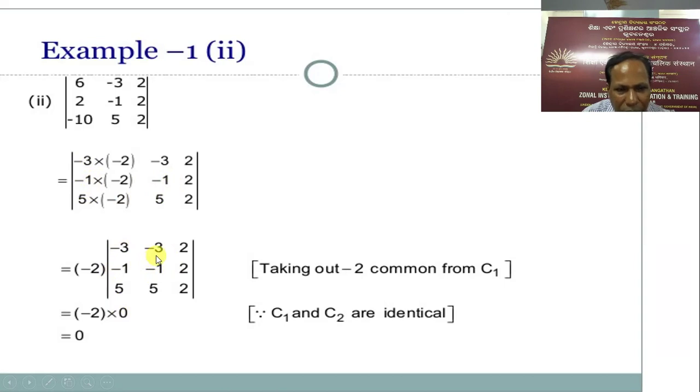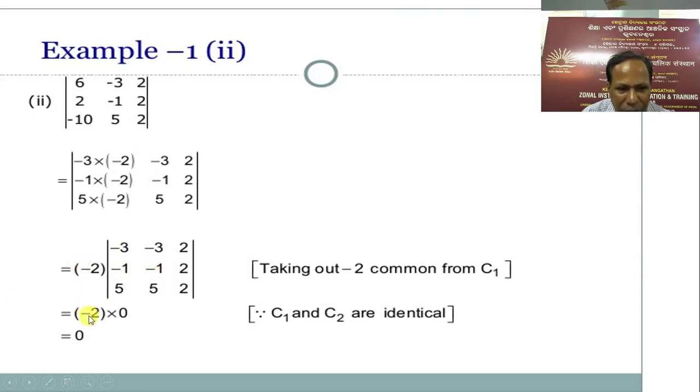Now you observe that in this determinant, it is minus 3, minus 1, 5. That means the first column and second column are equal. And again the property says, if any two rows or columns of a determinant are equal, the determinant vanishes.